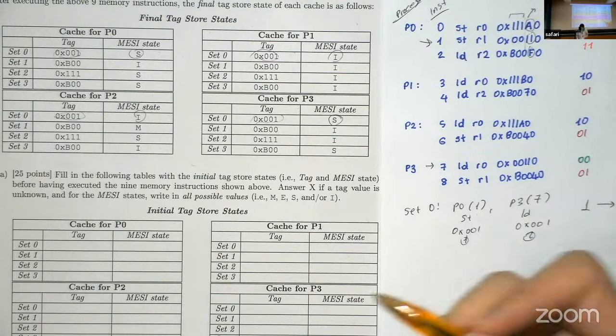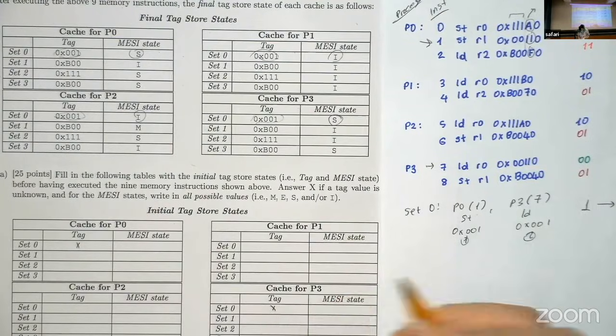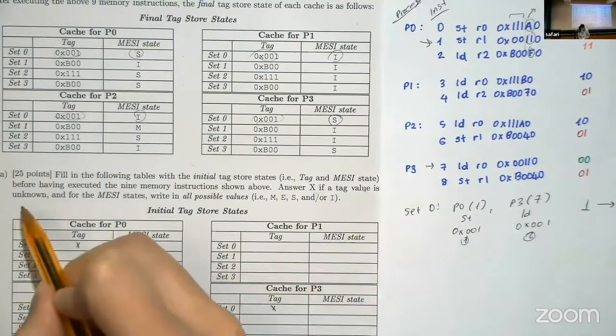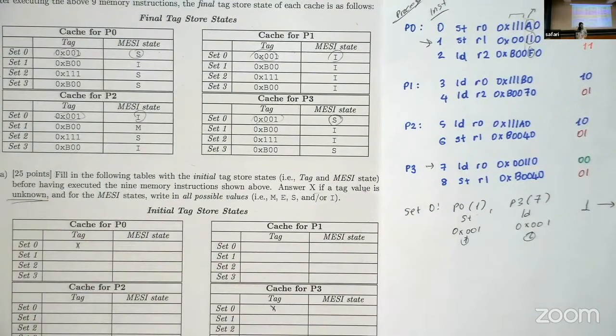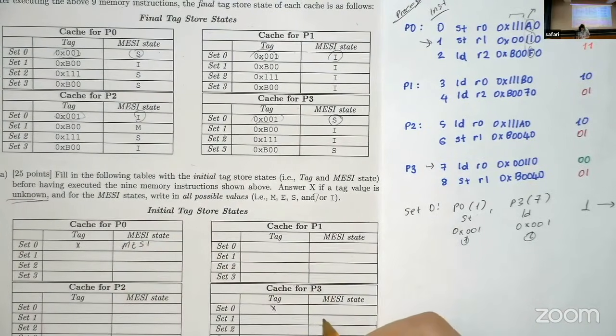Because we executed something, their tags will be X, which is used to show that we don't know the initial state of that tag field. And the states could be anything, right? Because it could be any other cache block that was written. It could have been an exclusive cache block or anything. So we will write all possible states for these, because it could have been anything.